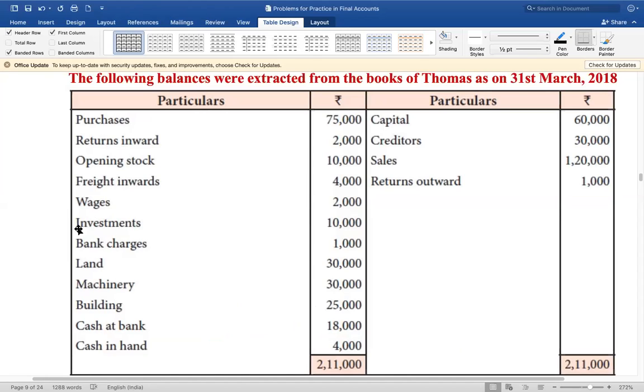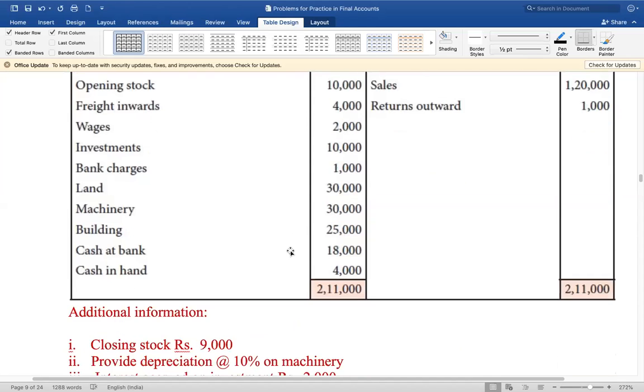The asset side started with investment, 10,000. Is there any adjustment for investment? Yesterday we talked about the order of permanency and order of liquidity. If you take the longest-lasting items at the top on the liability side, follow the same on the asset side also.